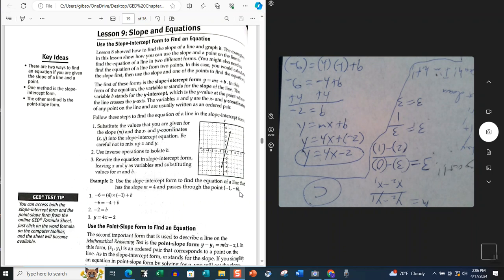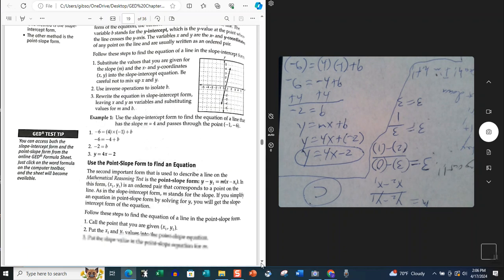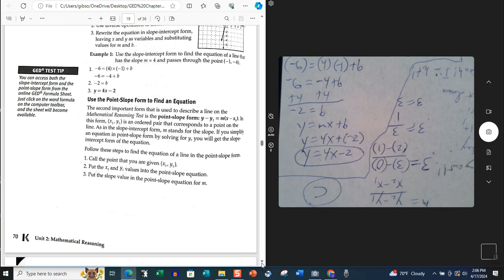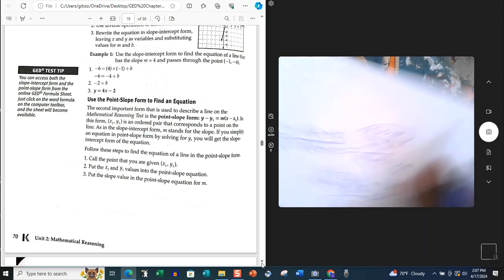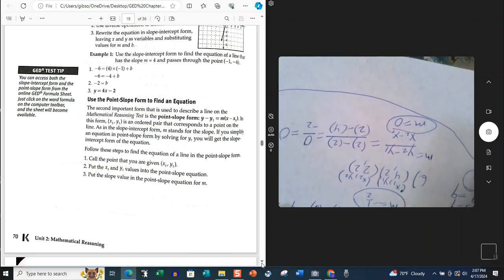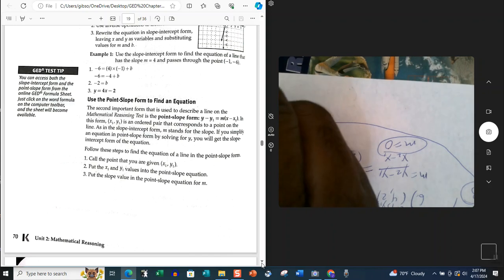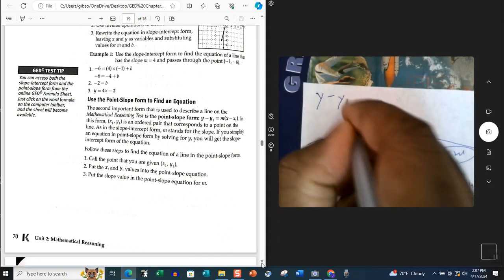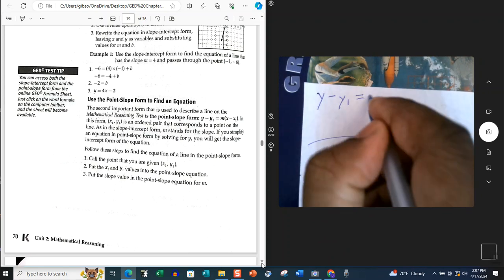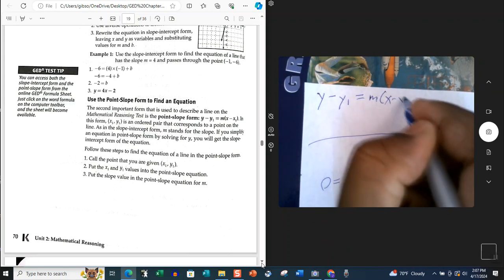So now, the next thing we look at here is the point-slope form to find an equation. Now, the point-slope form has its own equation, and it's a little bit different than the slope-intercept form. So the point-slope formula is y minus y sub 1 is equal to the slope times x minus x sub 1.